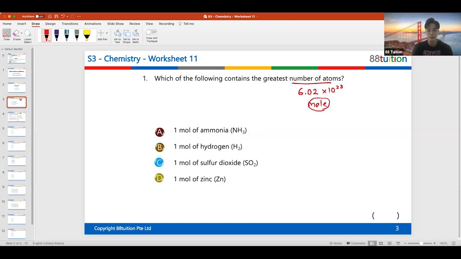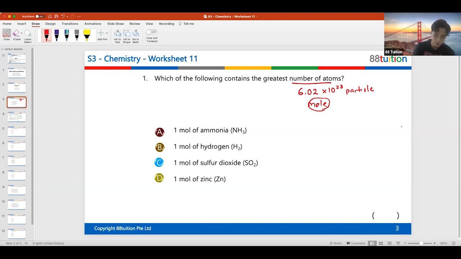We always look at the mole, okay? Because one mole is 6.02 times 10 to the power of 23 particles, right? That is one mole. A mole is a standard unit, okay? So we look at the number of moles.